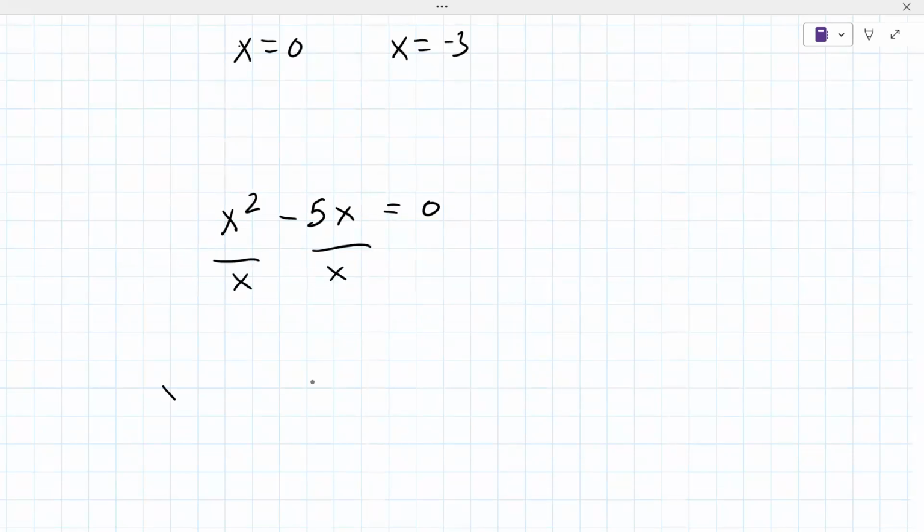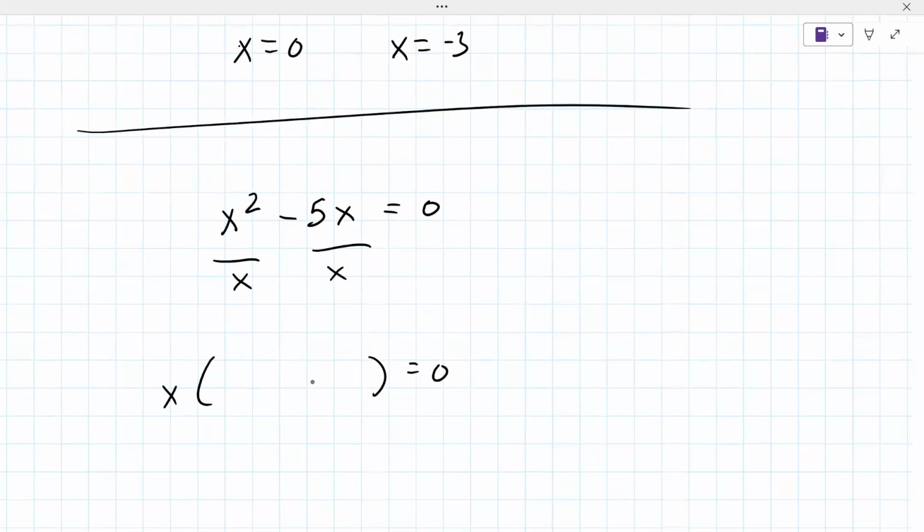When you divide both of these by x, tell me what goes in parentheses. x, parentheses, x minus 5. Good. Now you've got to set each of those equal to 0. x equals 0, x equals 5.